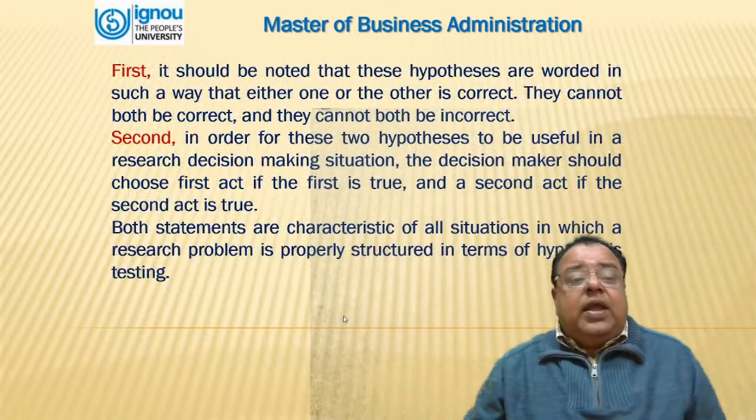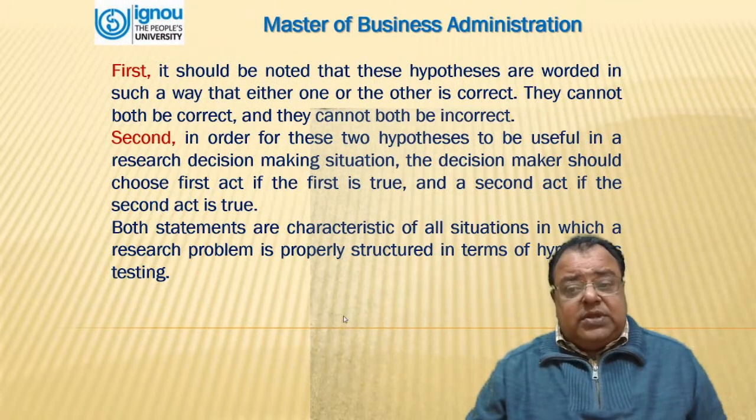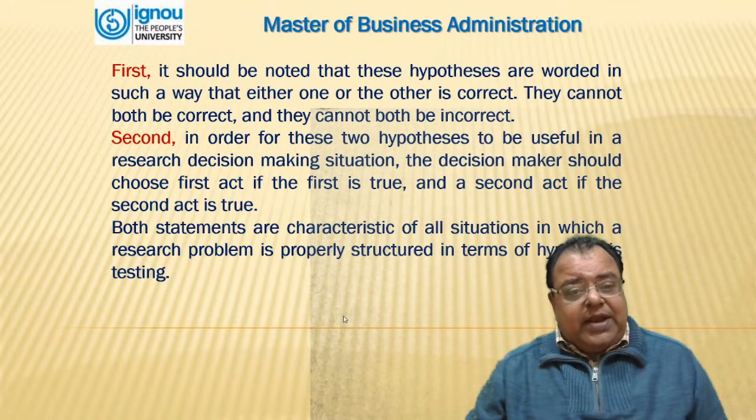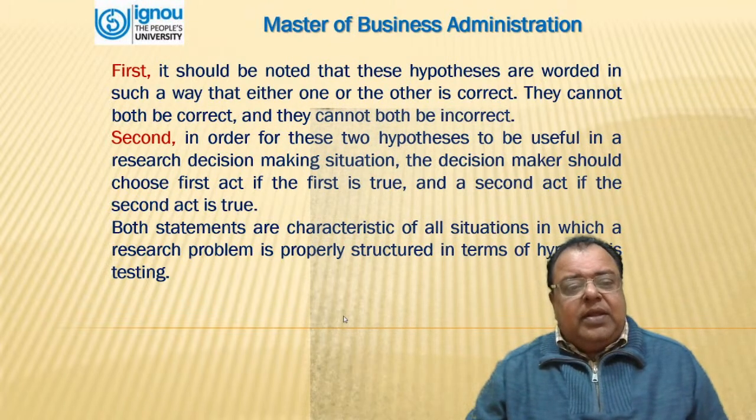Now, in the first case, it should be noted that these hypotheses are worded in such a way that either one or the other is correct. They cannot both be correct and they cannot both be incorrect.